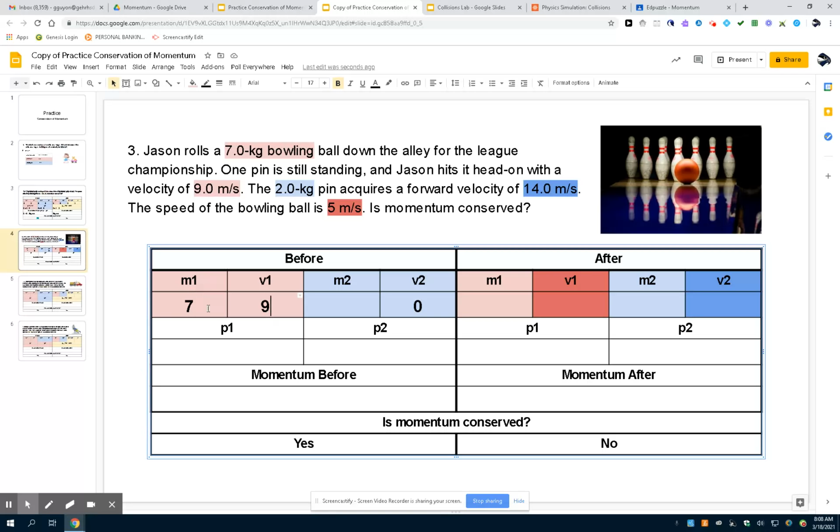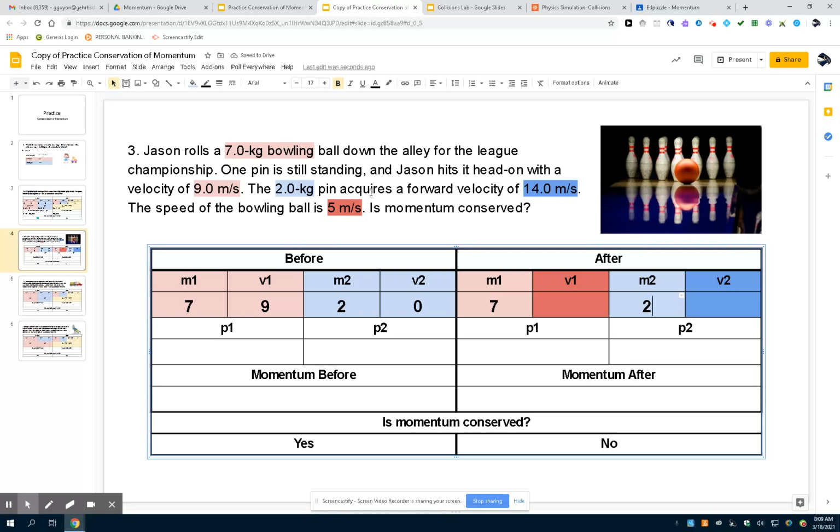The mass 7 is going to be the same whether it's before or after, because mass doesn't change. Then we have the pin. The pin has a mass of 2 kilograms, okay? And the pin's just sitting there before the ball hits it, so it's got a velocity of 0. I already put that number in for you. And then M2 is 2, so M2 on this side is also going to be 2. And then we look at after.